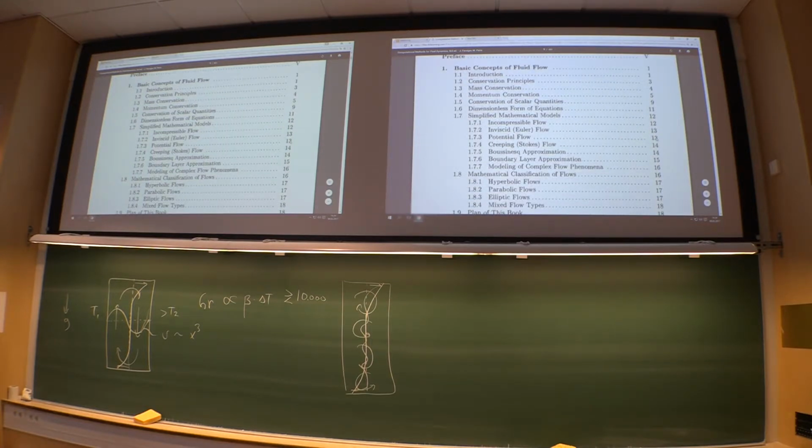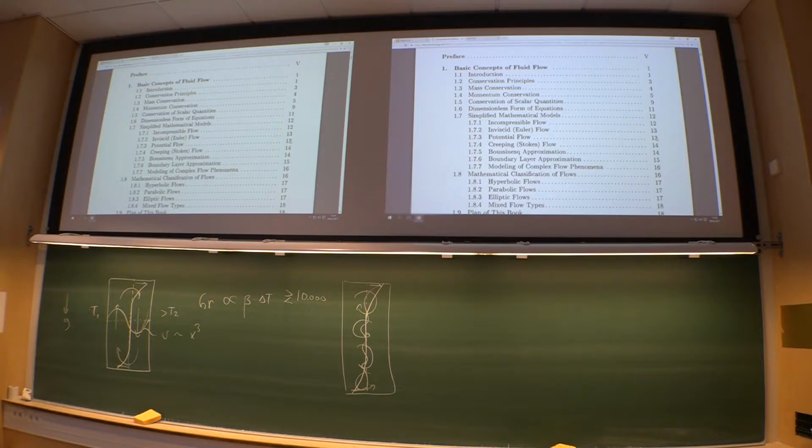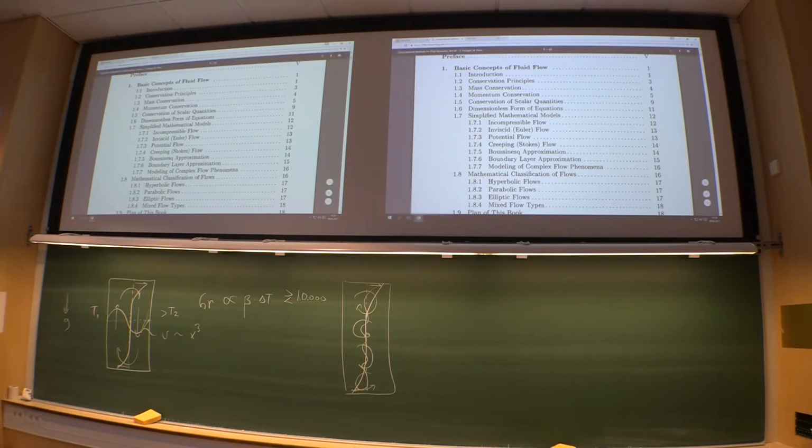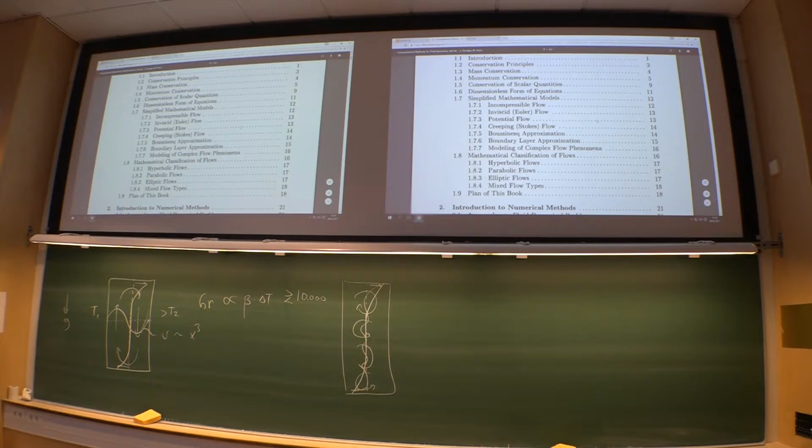The first chapter, not that many pages, easy to read. Important part all the way down in chapter 1, discussing a little bit about hyperbolic, parabolic, and elliptic. So you have a short version of it there.